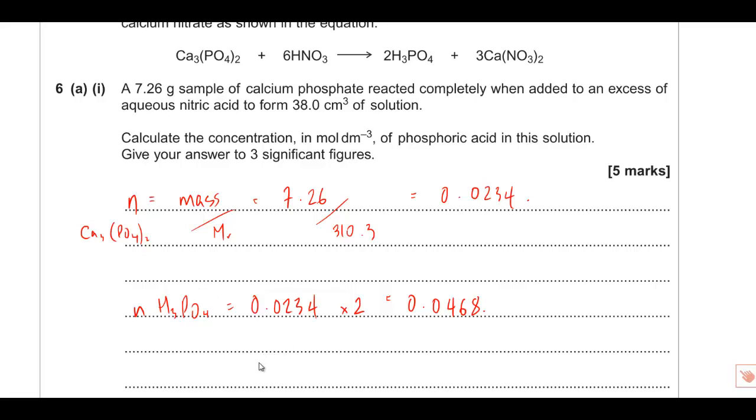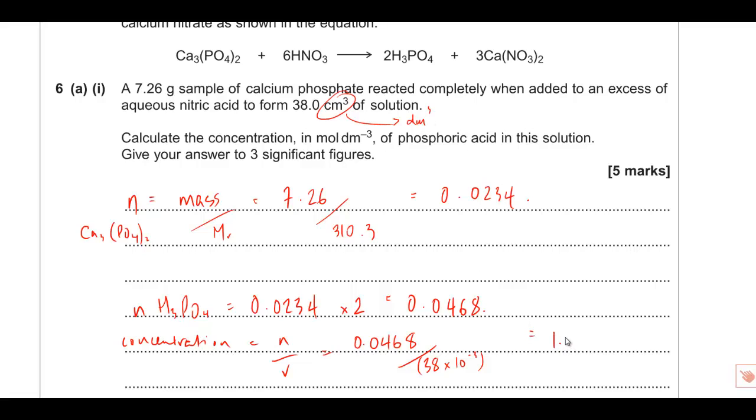Okay, so what have we got? We've got the concentration here, we've got a volume, 38 centimeters cubed, so concentration equals moles over volume, 0.0468 divided by 38, which we need to divide by 1000 or times by 10 to the minus 3 to convert the centimeters cubed into decimeters cubed.